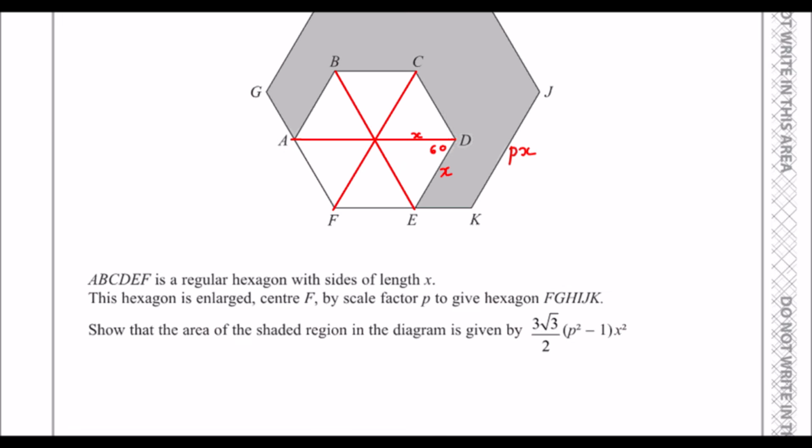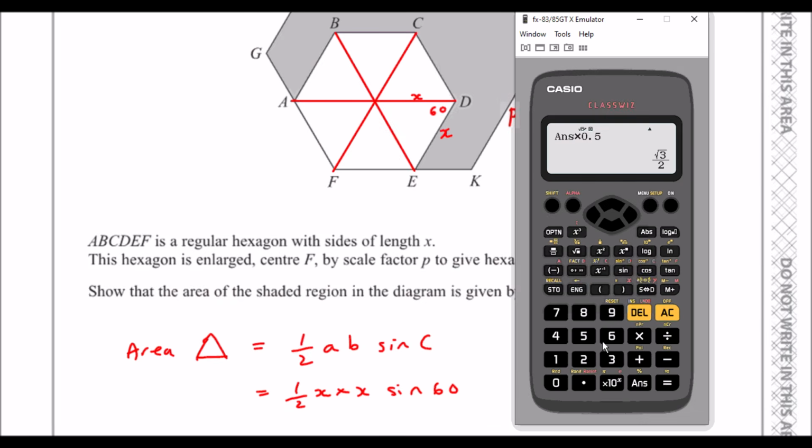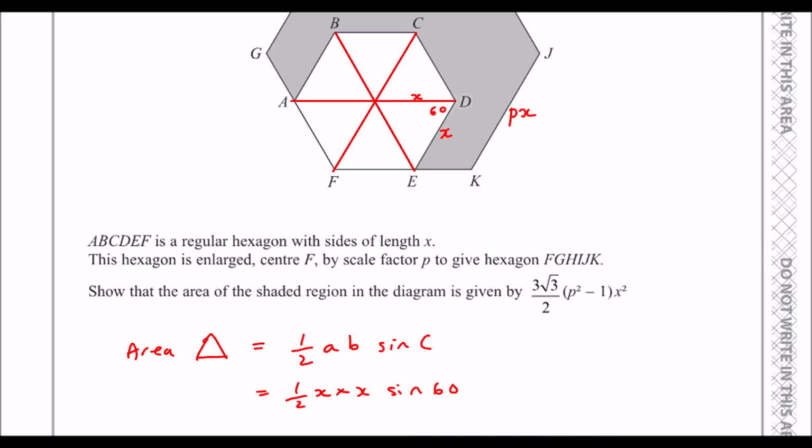So the area of each of these equilateral triangles, so area of the triangle, is half AB sine C, which is half times x times x times sine 60. Sine 60 is root 3 over 2.